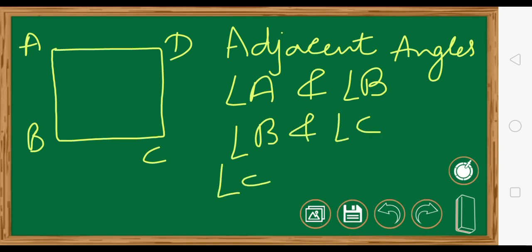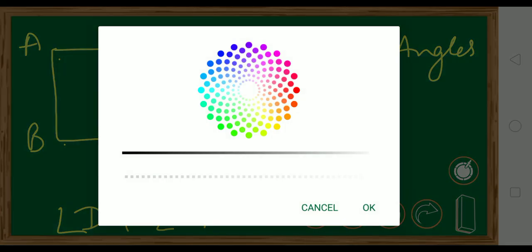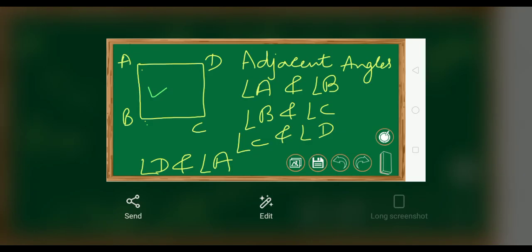Then angle C and angle D are adjacent. And angle D and angle A, they are adjacent. Here A and B, B and C, these are adjacent angles. Clear? How do you come to know what are adjacent angles? You have to simply see this. See this angle A and B, they are joined with the help of a line. So these are adjacent angles. Okay? That's it.